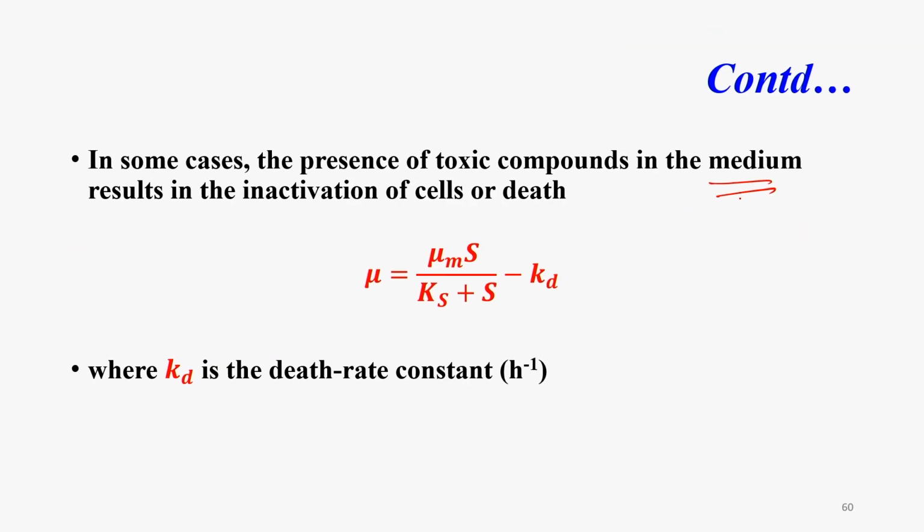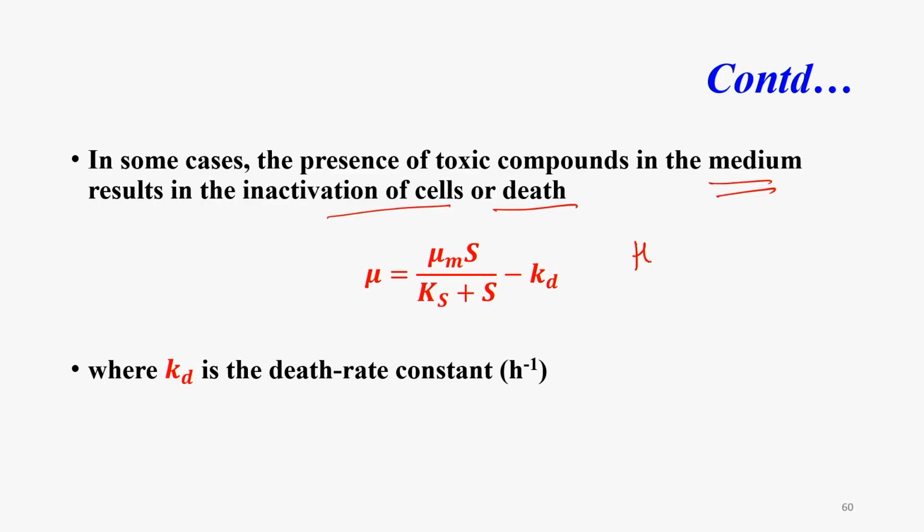Further, apart from inhibition, these inhibitors can also inactivate the cell or lead to cell death. When you observe cell death due to inhibition, then mu will be decreased, like mu max S upon Ks plus S minus Kd.